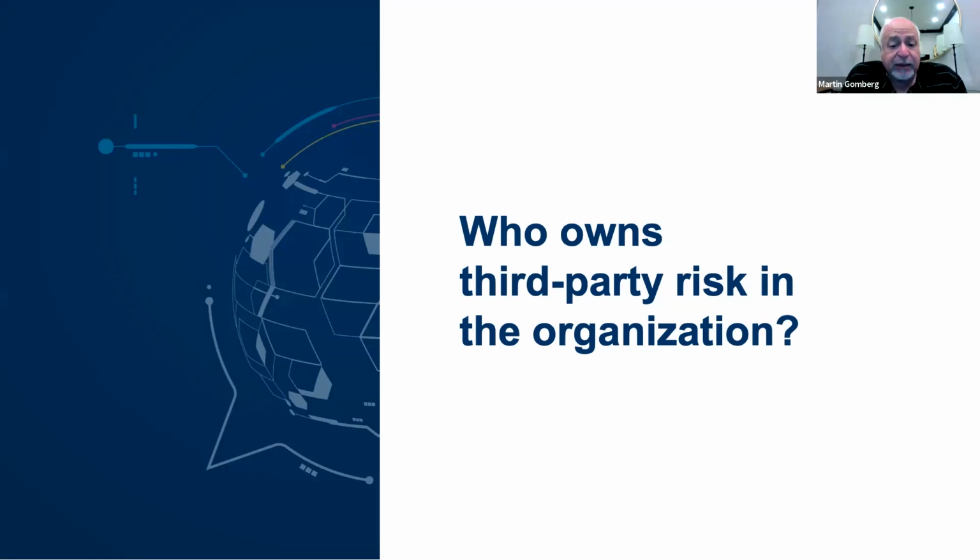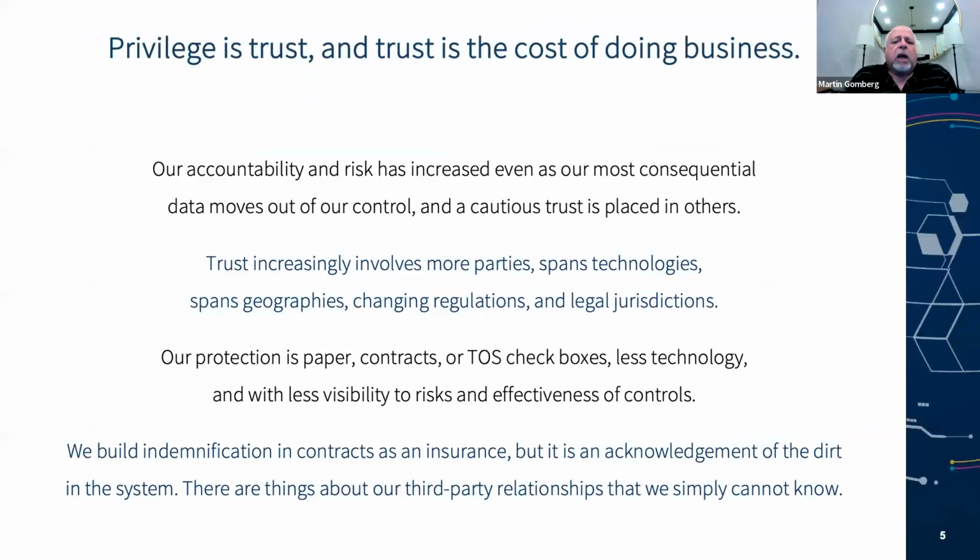We need to anticipate its impacts on our budgets, disaster recovery, business continuity plans. All of this is part of how we're going to manage our third-party risk. You've all heard of zero trust, and I'll see if we can hold that slide there for a moment. We've all heard of zero trust.